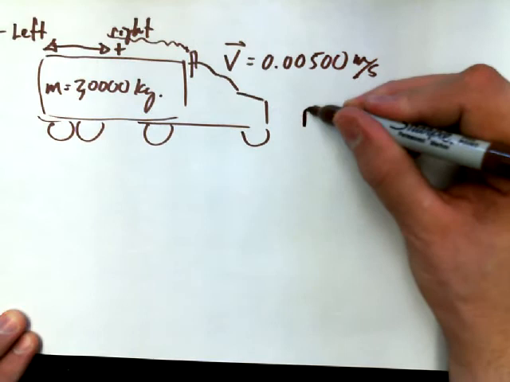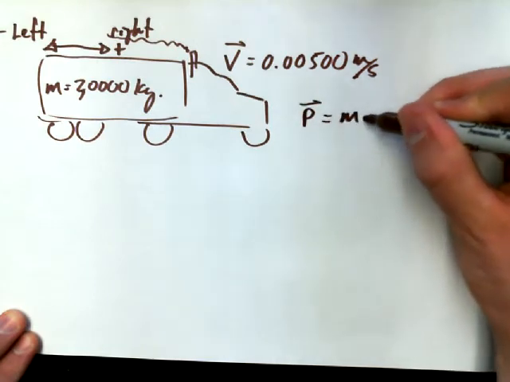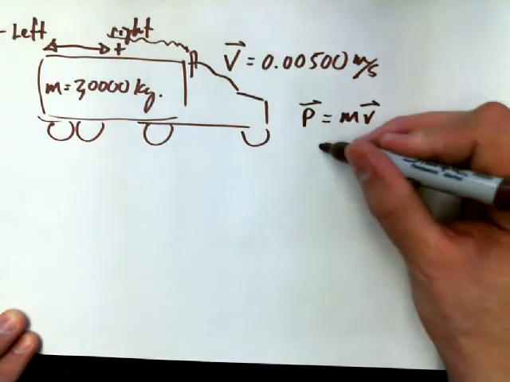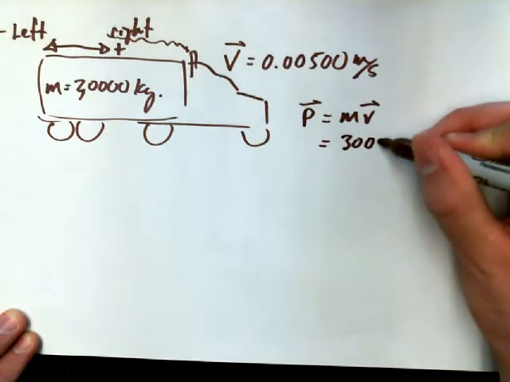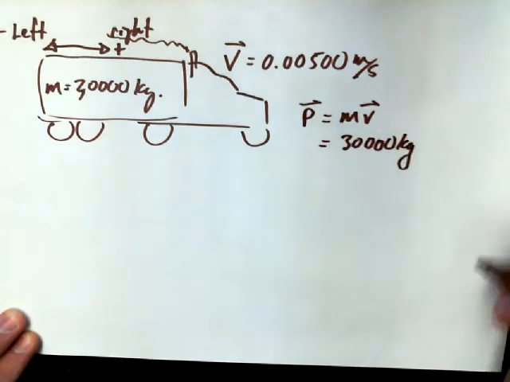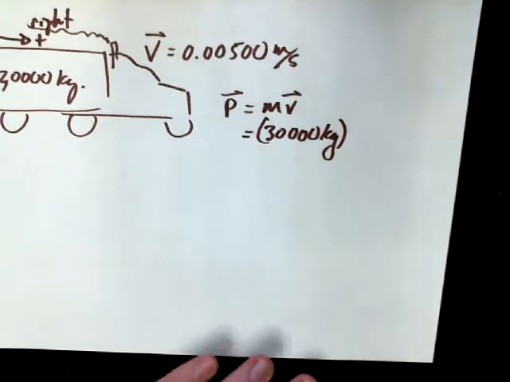And very simply, I can calculate what the momentum would be for this transport truck. So I'm doing this not because it's a difficult calculation, just because I want to talk about momentums.